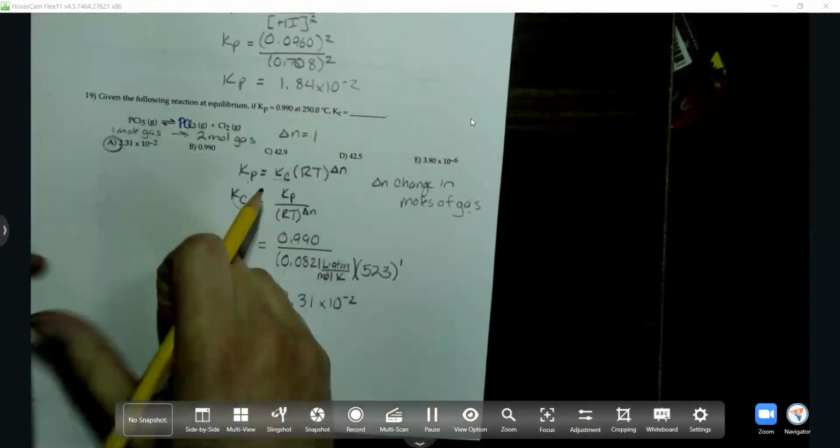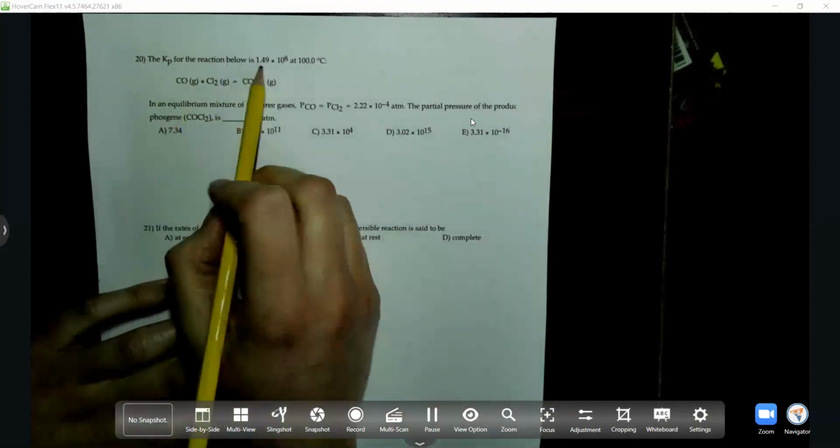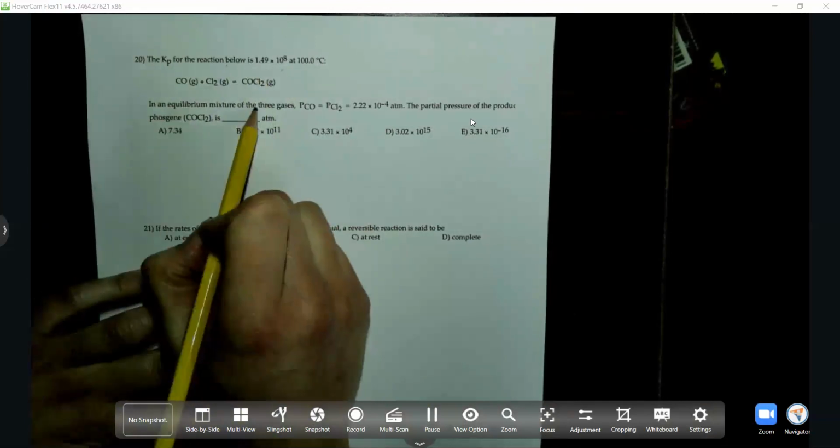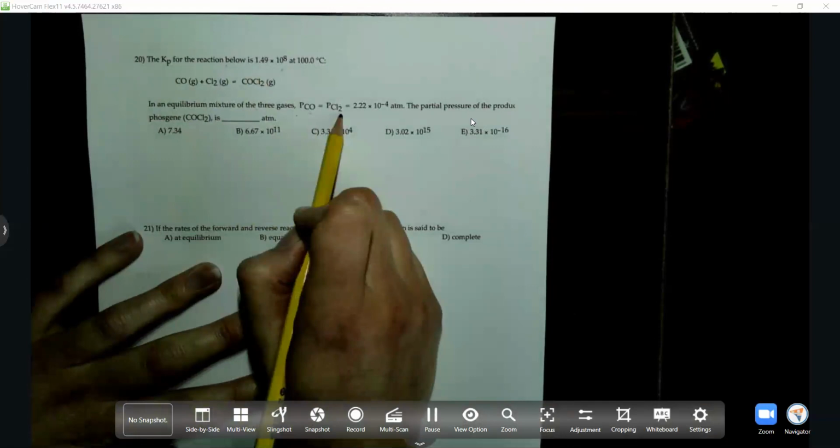All right, let's see what else we got. I'm going to actually move it down this time. All right. The Kp for the reaction below is 1.49 times 10 to the 8th. An equilibrium mixture of 3 gases gives you CO and Cl2, and it asks for what the concentration of Cl2 is.